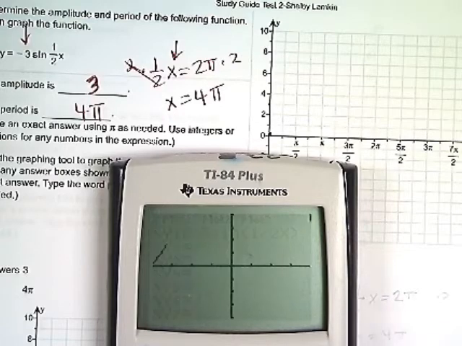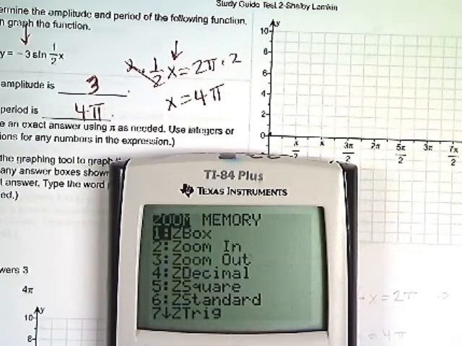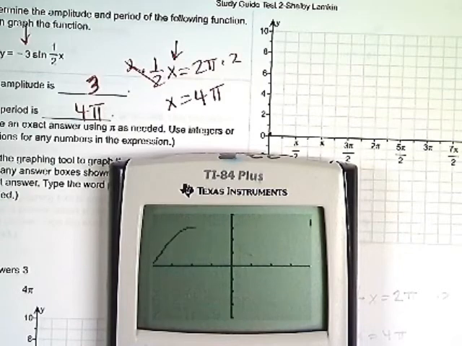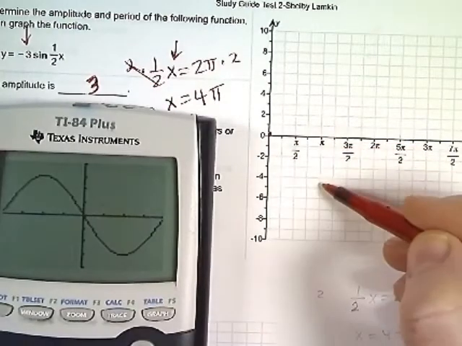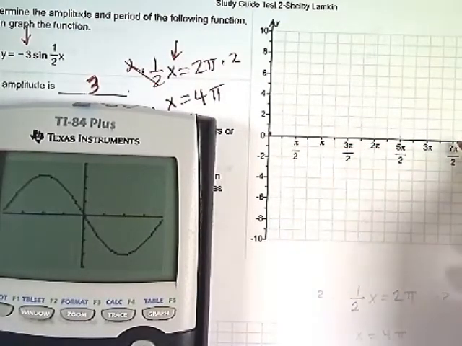And I'm going to graph it, but let me show you how I get that graph to look like that. I'm going to press zoom, and I'm going to use this trig function, the 7. So it's going to hit right there at 0, 0, and from there it's going to go down and then back up.